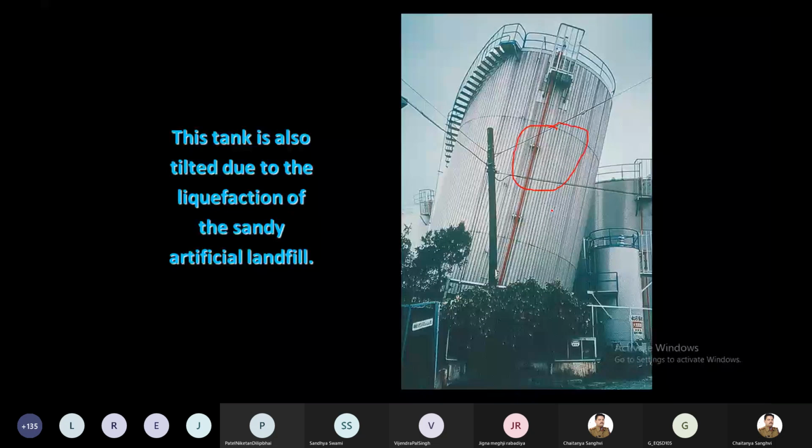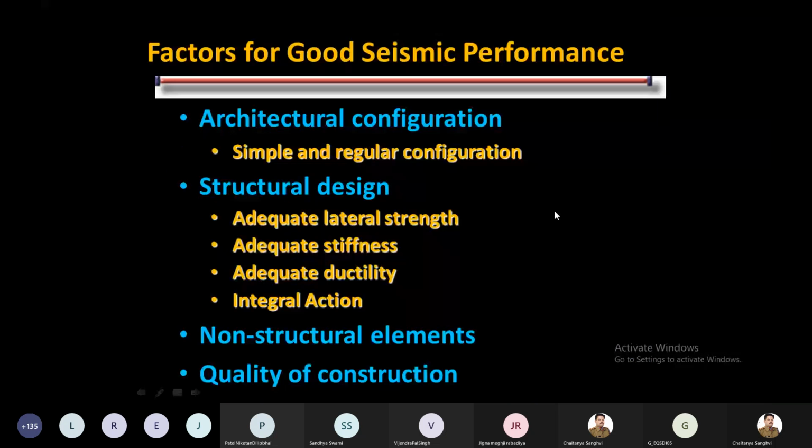So basically, factors for good seismic performance. The most important part is the architectural configuration: simple and regular configuration. Therefore, I always say that you compare the structures in advanced countries. They have learned a lot from past earthquakes, so they believe in simple and regular configuration.